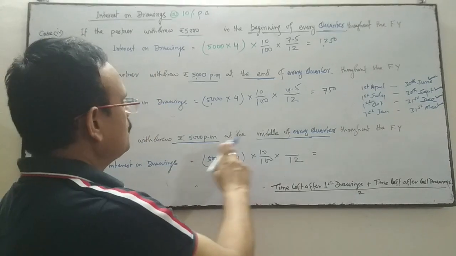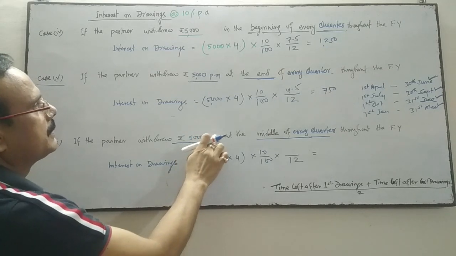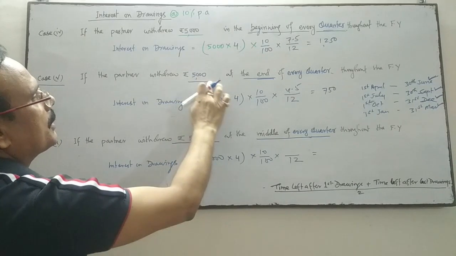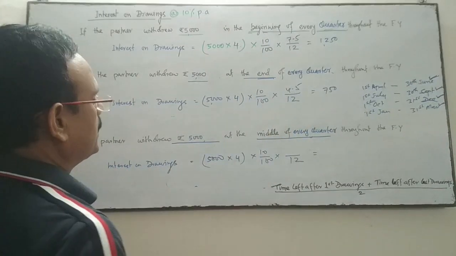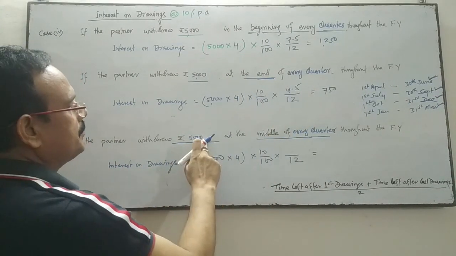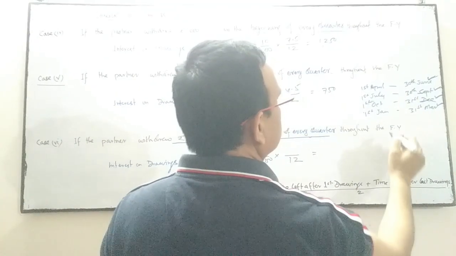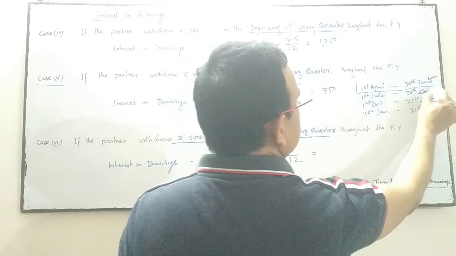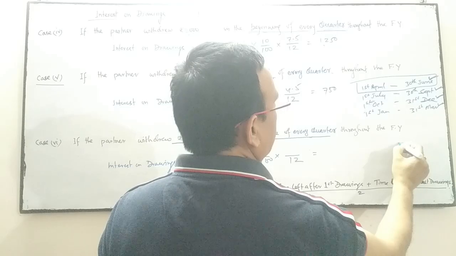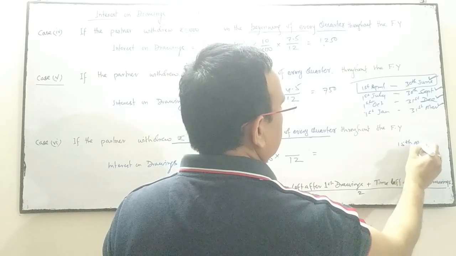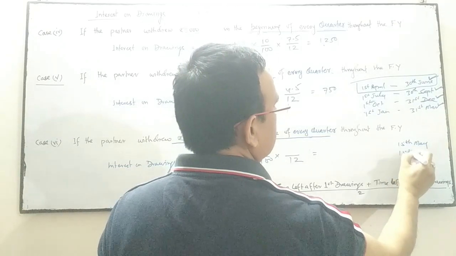Next, if the amount withdrawn is 5,000, it is not per month, 5,000 at the end of every quarter. Now 5,000 at the middle of every quarter. Middle of every quarter means the first quarter is April, May, June, so the middle is 15th May. Then July, August, September, 15th August.